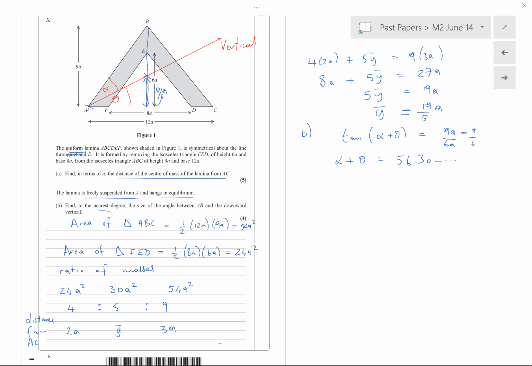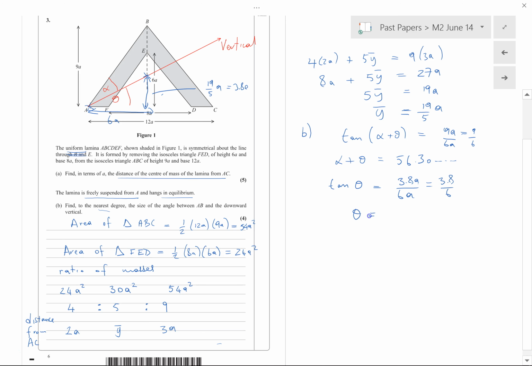So now let's just work out the angle theta. Let's rub that stuff out now. We know that this length here is 19 over 5a, or 3.8a. And we know that the length here, we'll get it right this time, is equal to 6a. So we can say that tangent of theta is equal to 3.8a over 6a, 3.8 over 6.